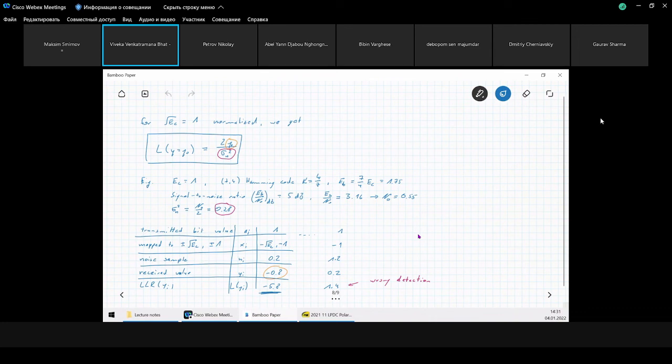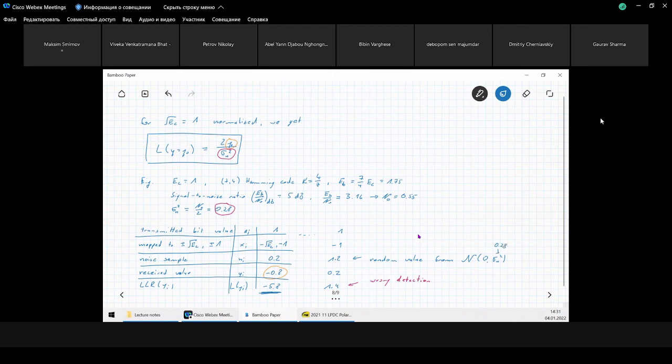This basically just comes from a random value from a normal distributed process with zero mean and variance sigma n square, like in our case, 0.28.